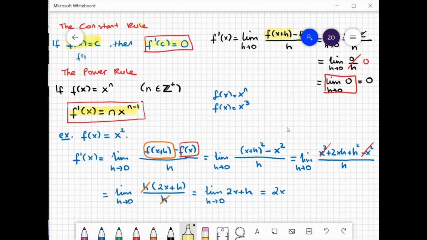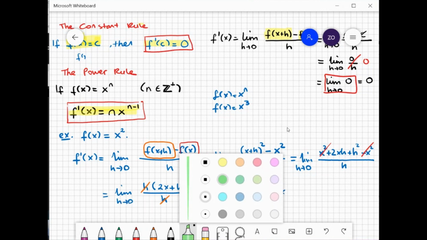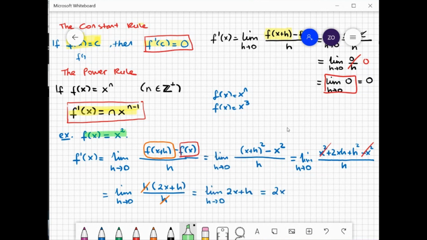So what did we find? This was our function, and we found its derivative to be 2x. And realize that although there is no exponent on top of x, x means x to the 1, right? So in fact, we could have applied this rule.